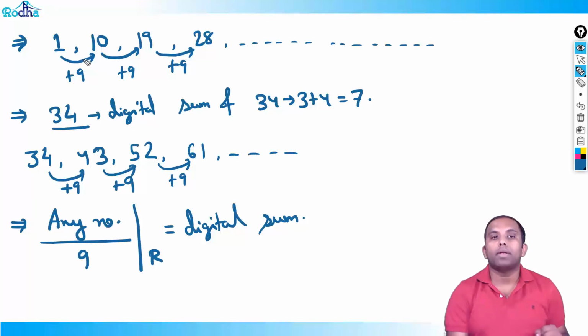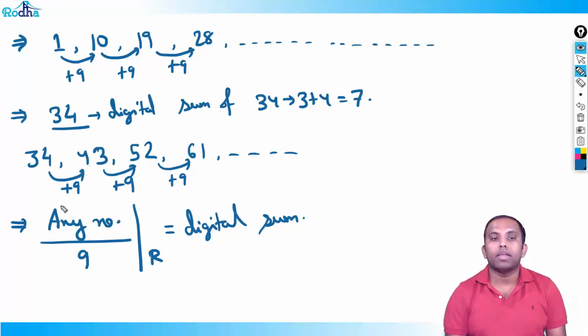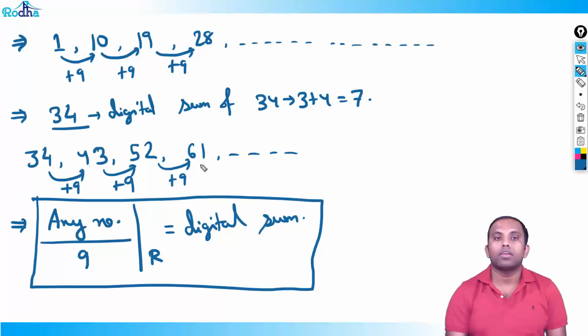In multiples of 9 we are adding, so just divide by 9, all those multiples will get cancelled, will become 0, so only digital sum will be left. So any number by 9, very important point, the remainder is the digital sum, right?